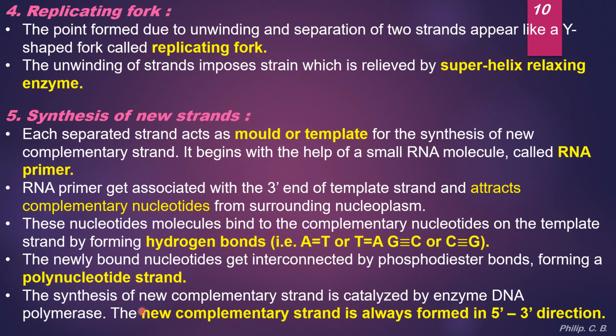What is meant by catalyze? As we know in chemistry, a catalytic process helps to increase the rate of reaction. So this synthesis of the complementary strand is catalyzed by the DNA polymerase. The new complementary strand is always formed in the 5' to 3' direction.